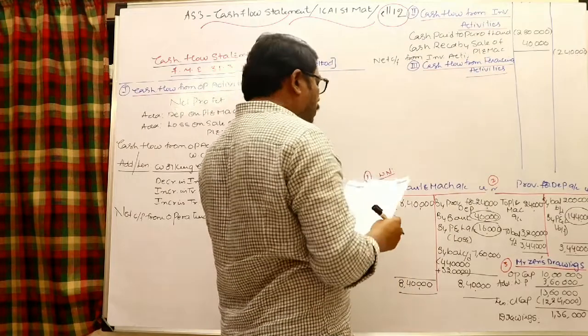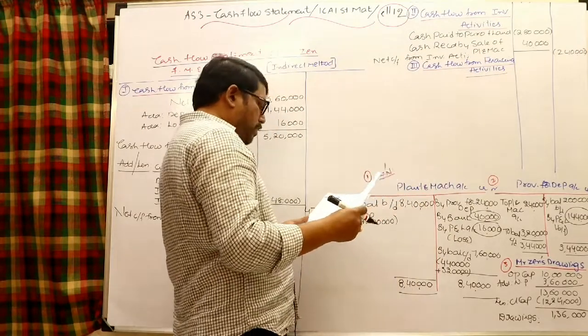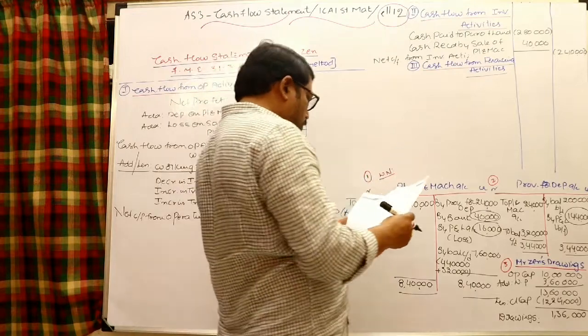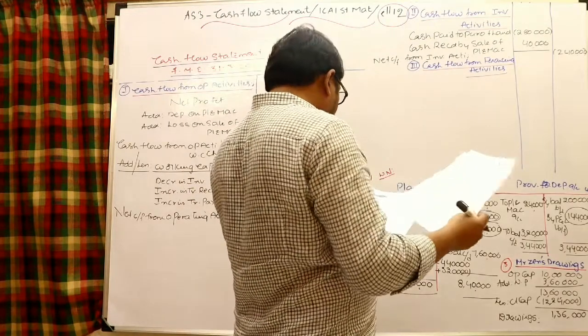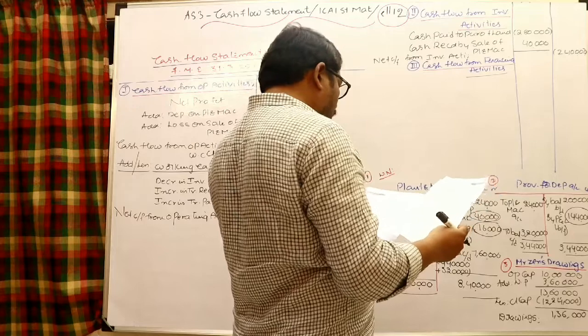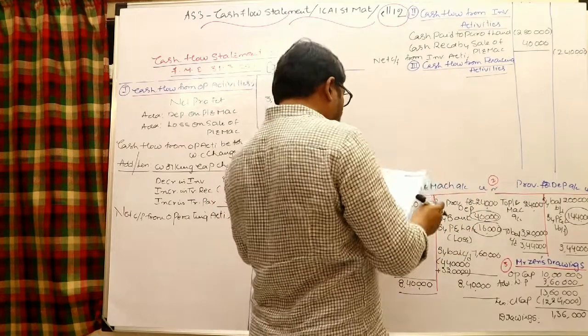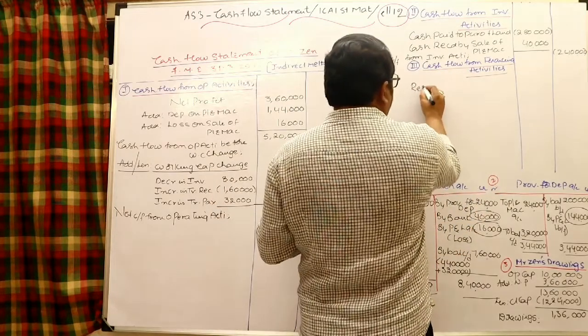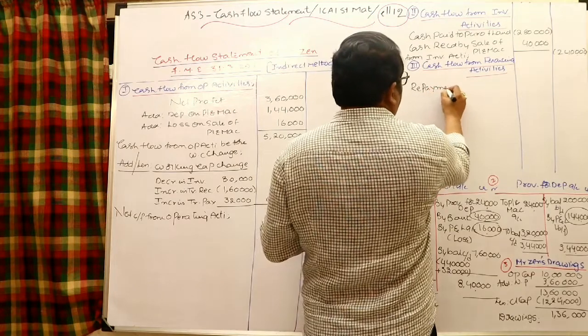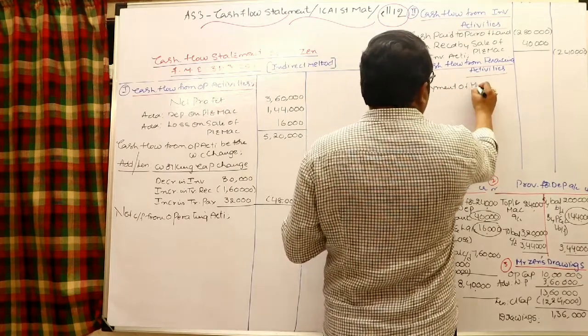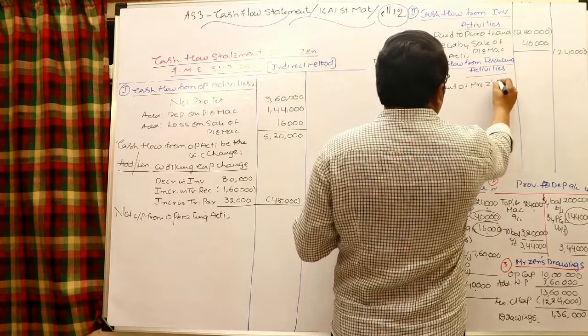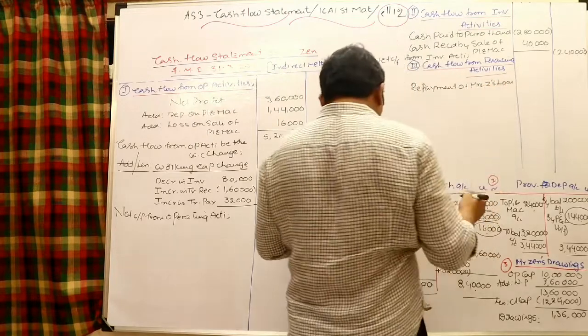Come back to the cash flow from financing activities. Actually, come back to Mrs. Z's loan, 2 lakhs earlier, but right now 0. Repayment of Mrs. Z's loan, 2 lakhs.